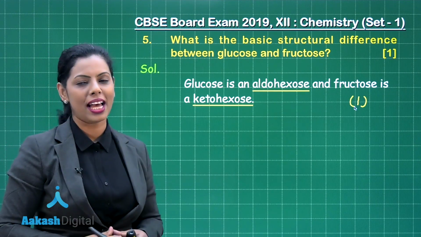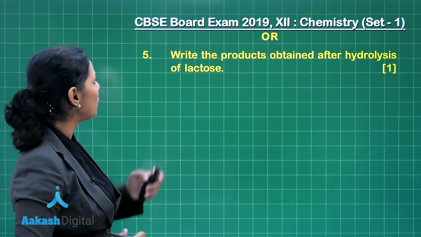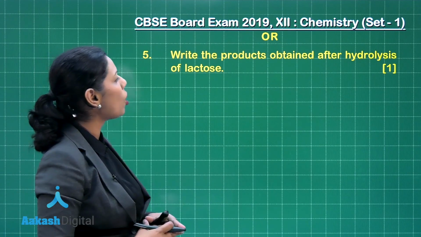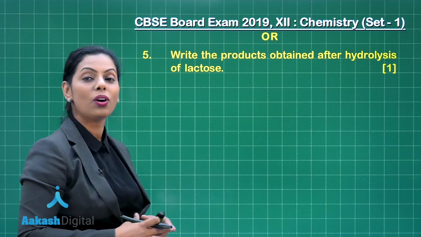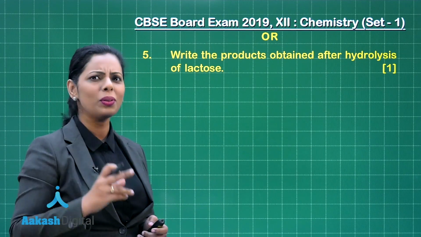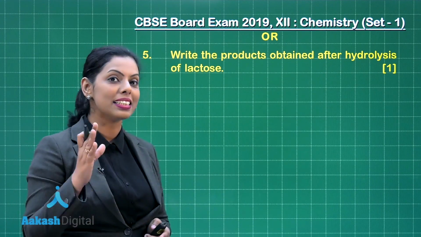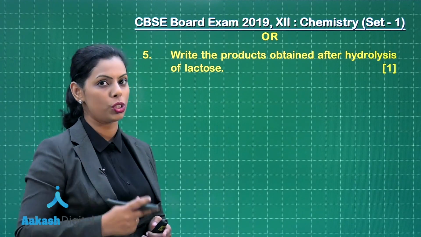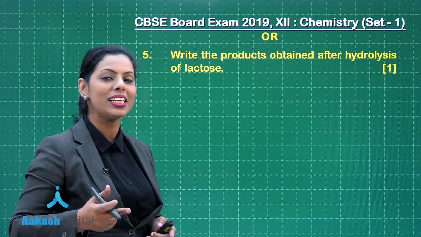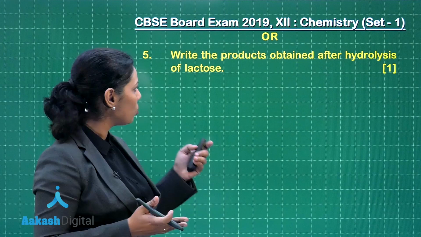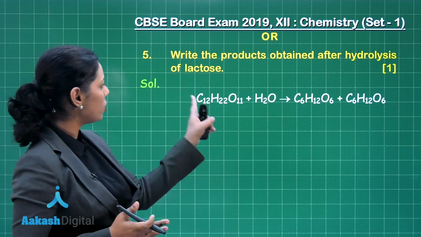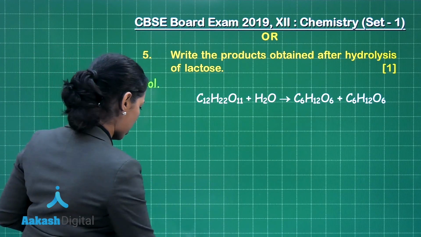This question also has an internal choice, you might be knowing, and that says write the products obtained after hydrolysis of lactose. You know that lactose is milk sugar and its hydrolysis results in the formation of 2 different sugars. One is beta D glucose and the other is beta D galactose. So the reaction you should write here. Here is lactose.